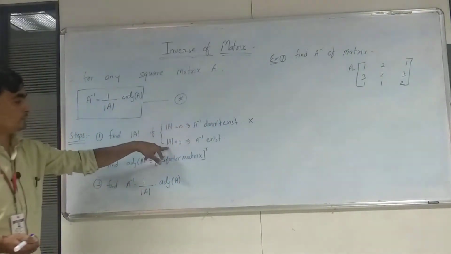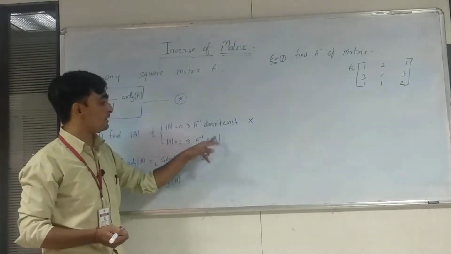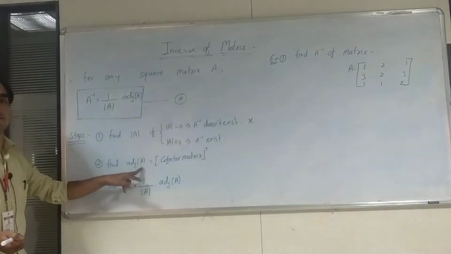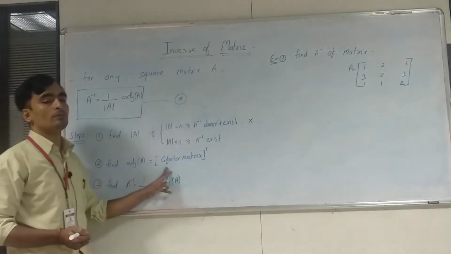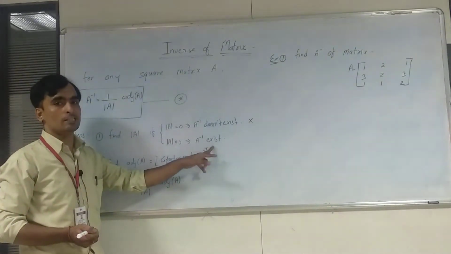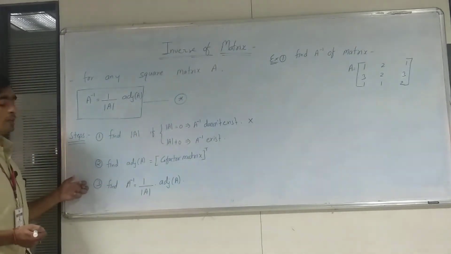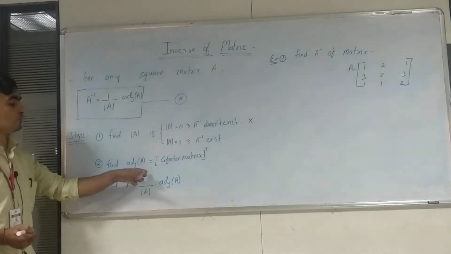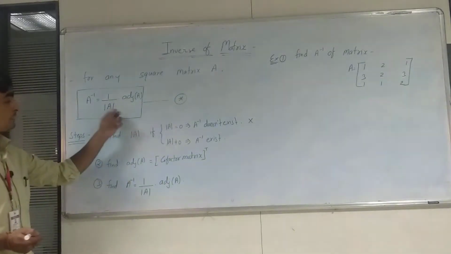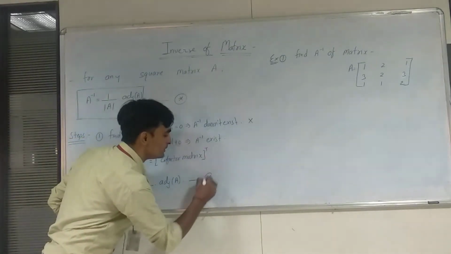But when determinant of A is not equal to 0, you can say A inverse exists, and then you go for step 2, which is to find the adjoint of A. It is nothing but the transpose of the cofactor matrix, which you will see in the example. And the last, third step, find A inverse equal to 1 upon determinant of A into adjoint of A, same as equation star.